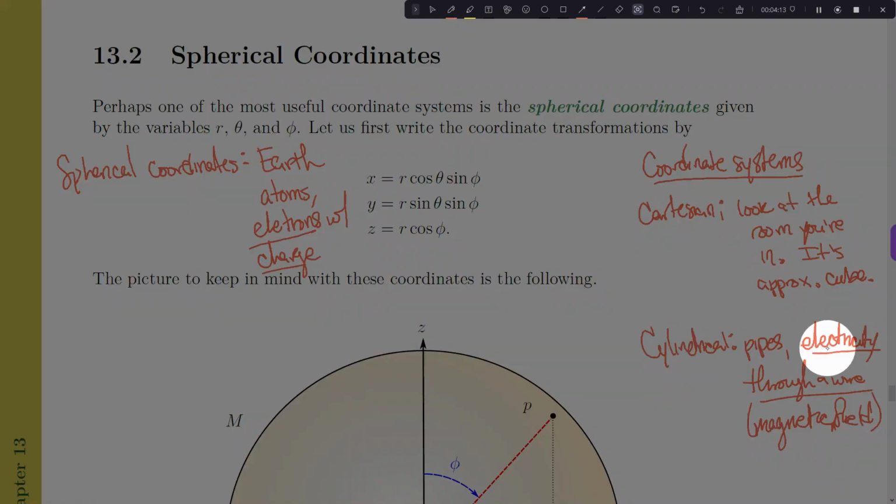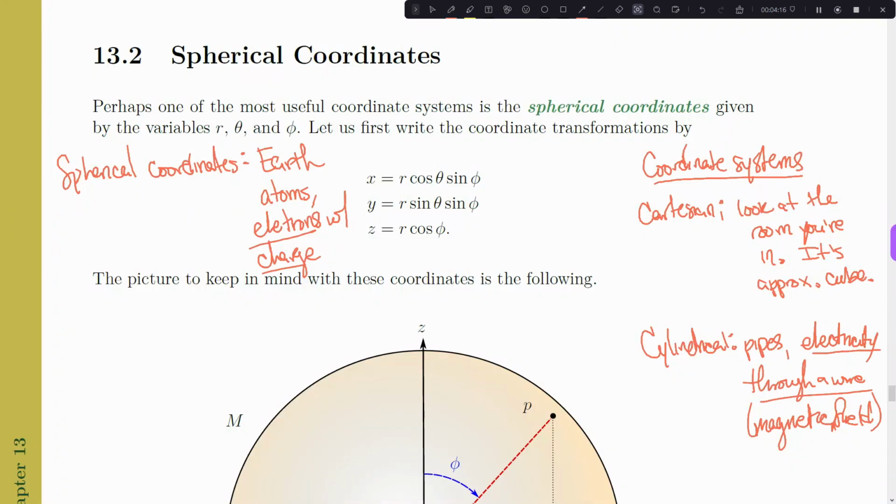Cylindrical coordinates are incredibly important anytime we're dealing with electricity through a wire, or even any other sort of restricted flow system, right? That's what we want to think with cylindricals. If we're restricting the flow of an object in a single direction, then it's favoring the one direction it's moving in, and then it has some sort of symmetric property in the perpendicular plane to the direction it's moving in. And so that's why cylindricals are very important.